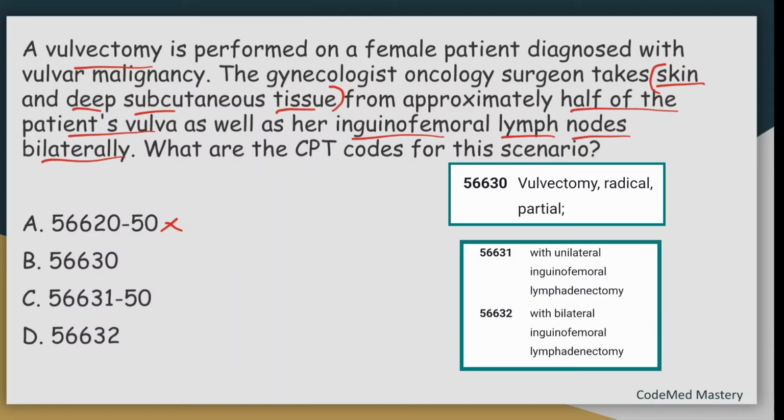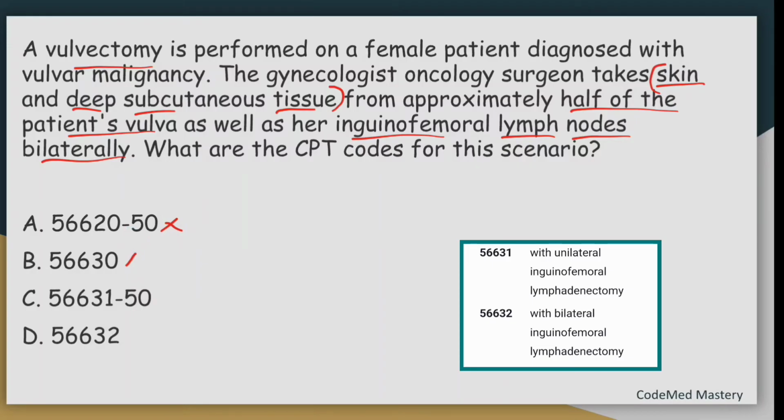So we'll eliminate option B because that is only for vulvectomy radical partial. It does not include bilateral inguinofemoral lymphadenectomy. We'll eliminate option C 56631 because that is for unilateral. In the scenario they have mentioned bilateral. So the right answer is option D.